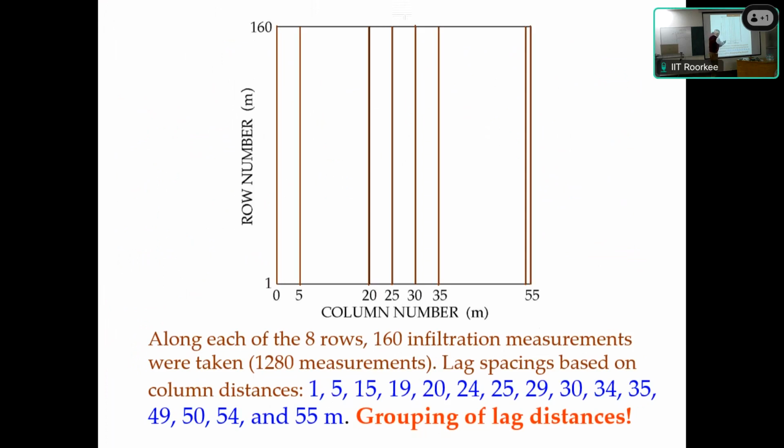There were more: 0 to 5, 20 to 25, 25 to 30, 30 to 35. Those combinations were for 5-meter lag distance. 15 were 5 to 20, 20 to 35. And that was all. And then 19 was 35 to 54. And 20 was 0 to 20.